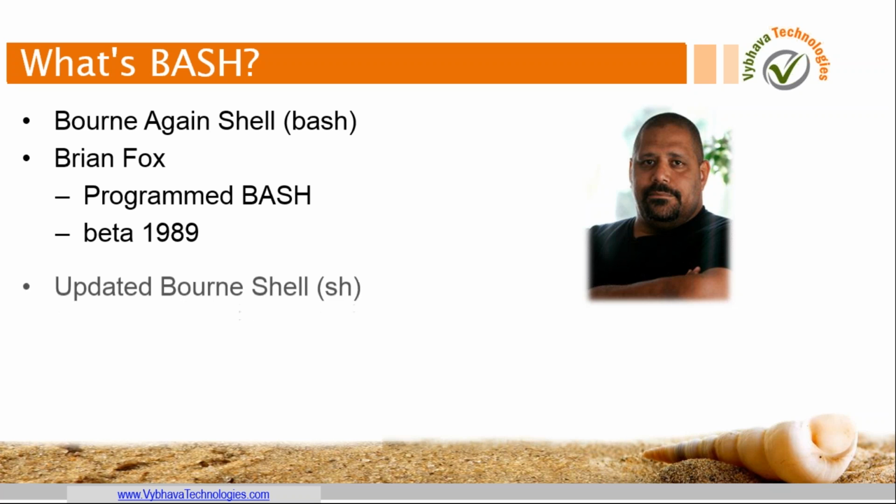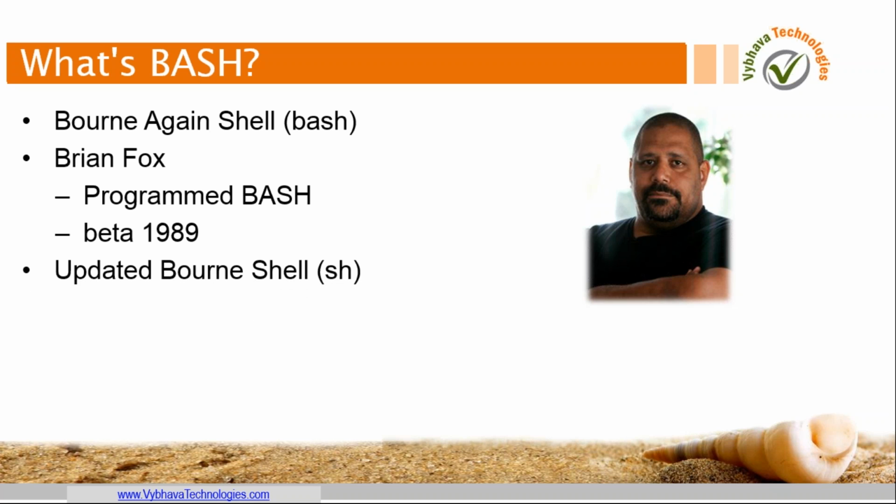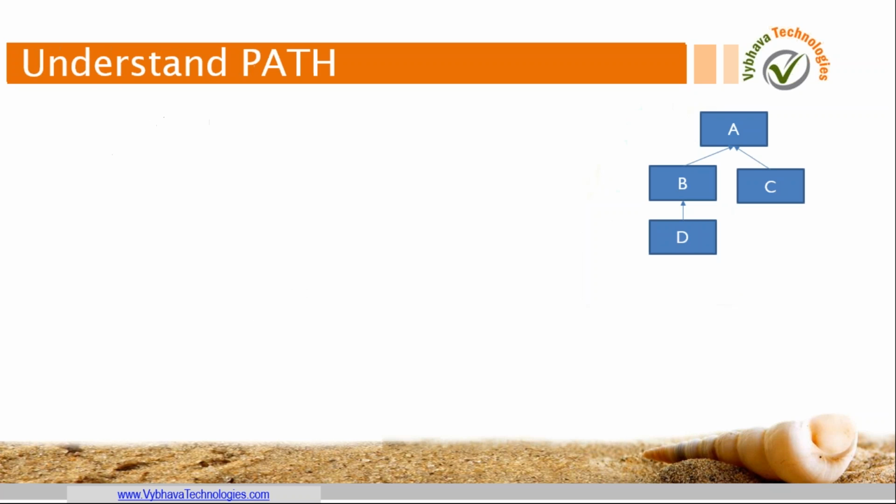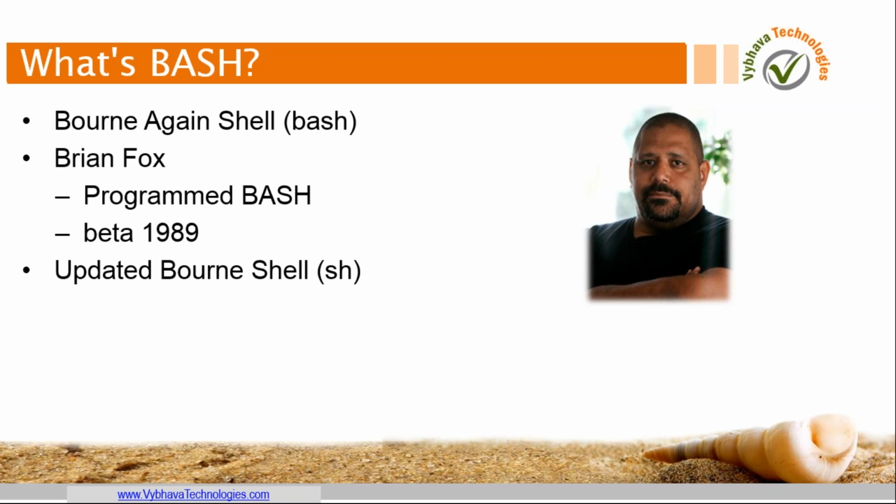POSIX. So there are a number of shells in Linux and Unix operating systems, and yes, SH is the base shell, what you call the Bourne shell. Whenever you want to execute this shell, the older Bourne shell has a lot of difficulties.